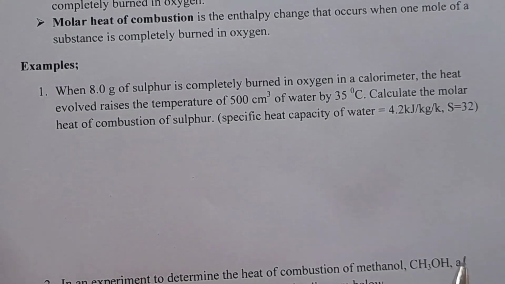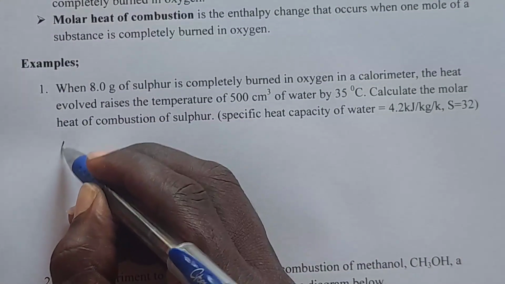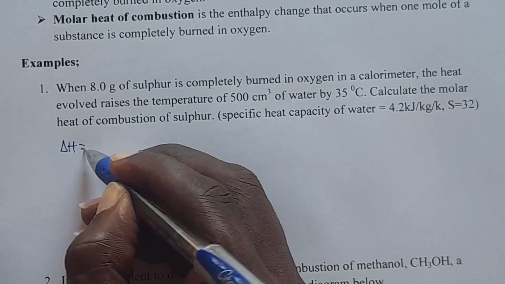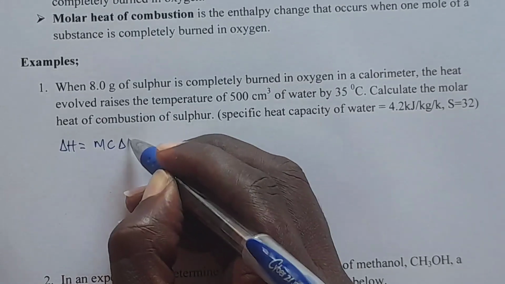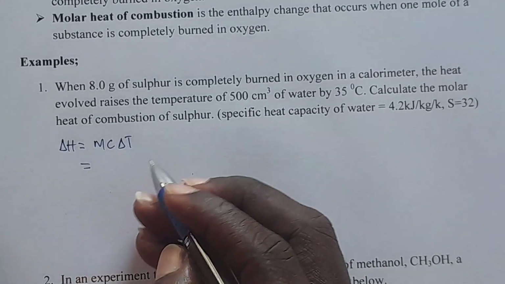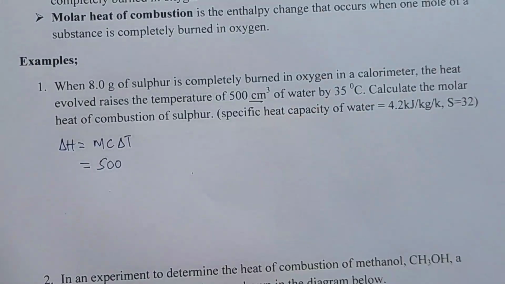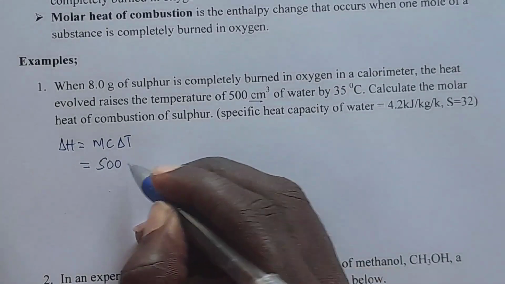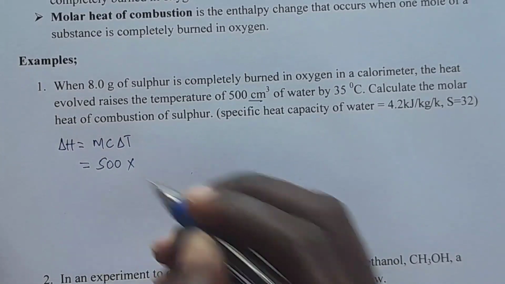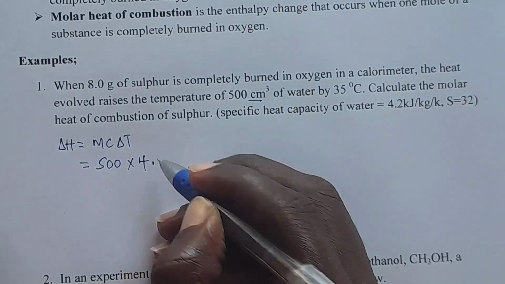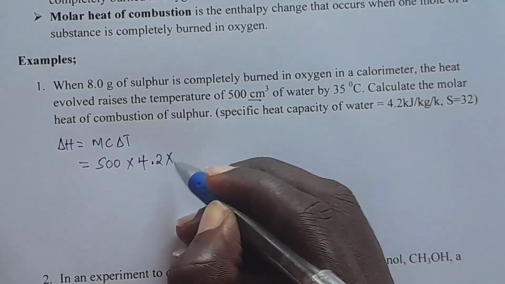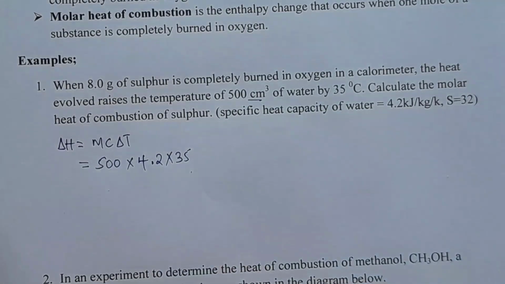So let's just write the formula. The formula is enthalpy change is given by mc delta T. Our m here, as I've said, is 500. We are having 500 centimeter cube, you only write 500, since it is 500 grams. You multiply by 4.2 as our specific heat capacity times 35, which is our temperature change.